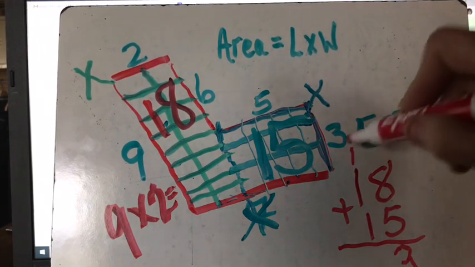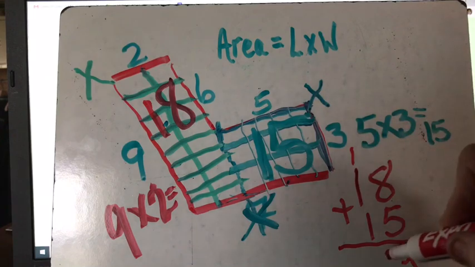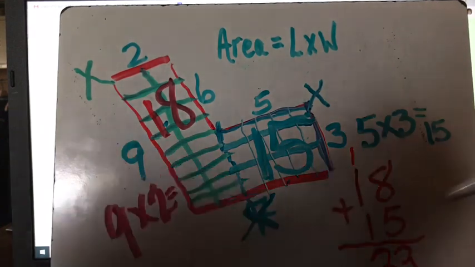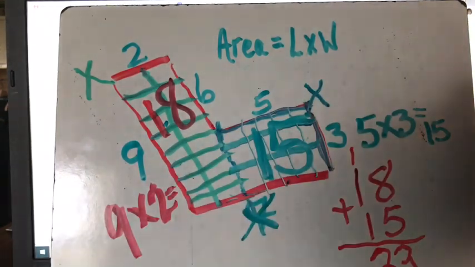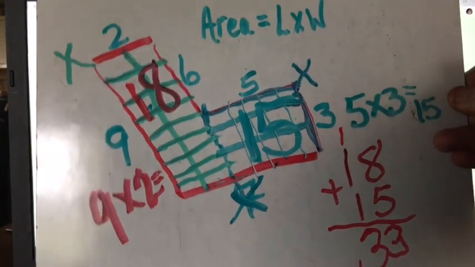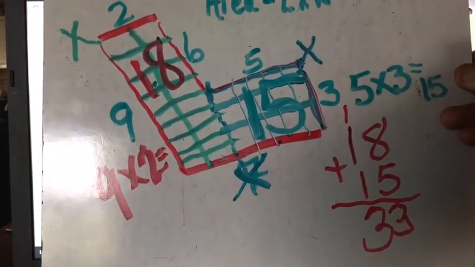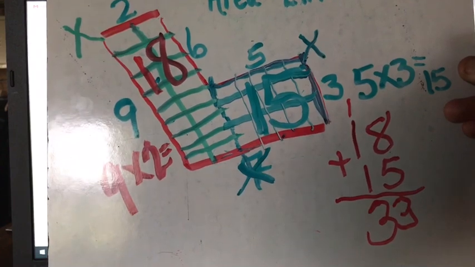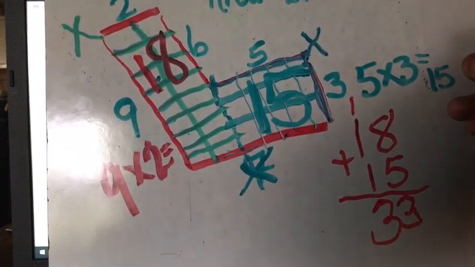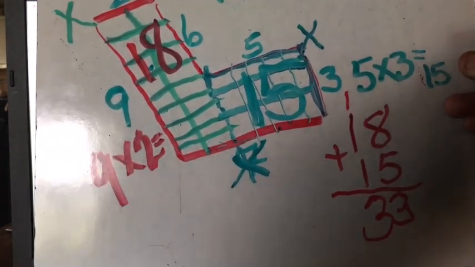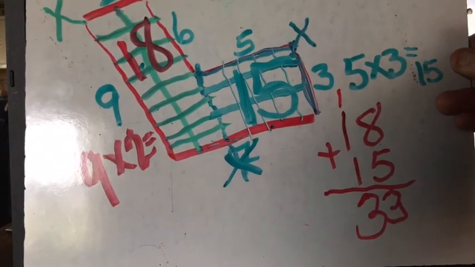Carry my 1. 1 plus 1 plus 1 is 3. So my total area would be 33 square feet for the whole area because I'm adding the 18 plus the 15.